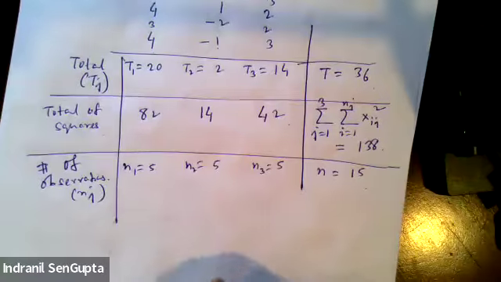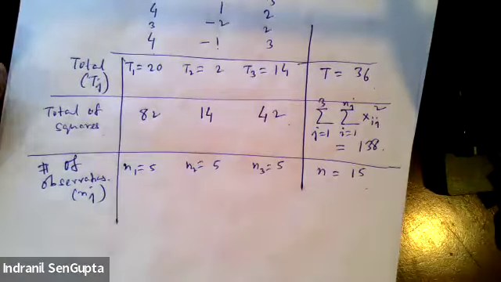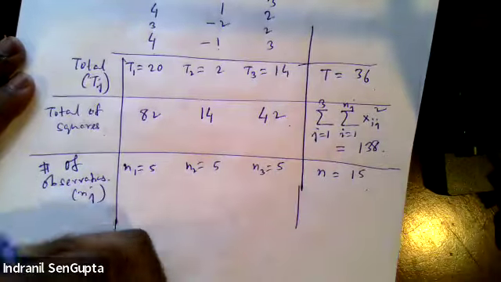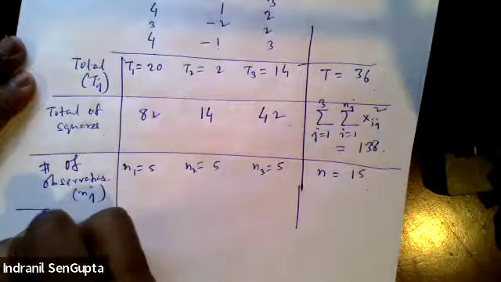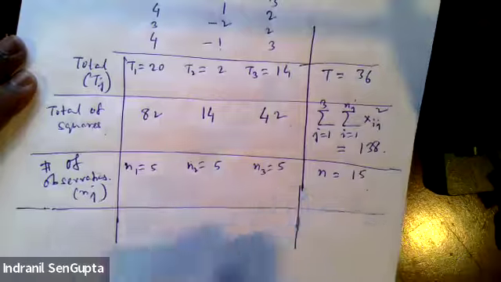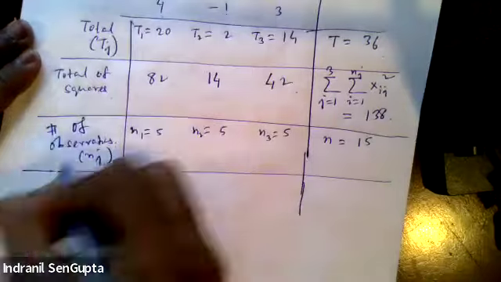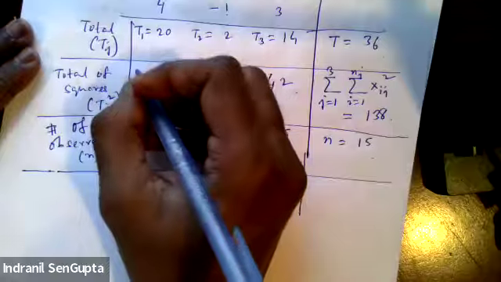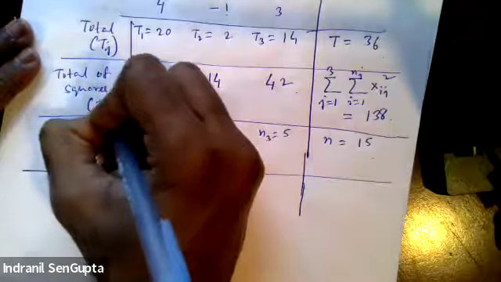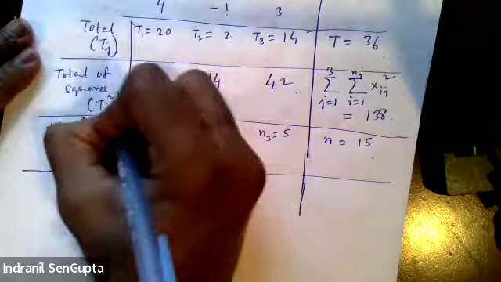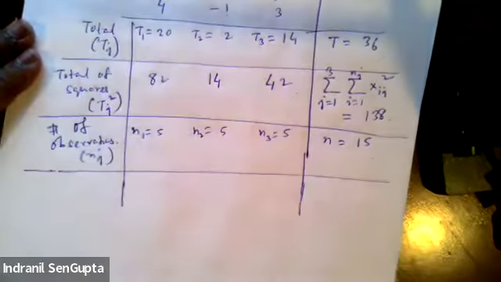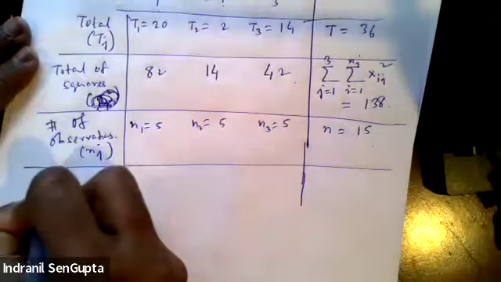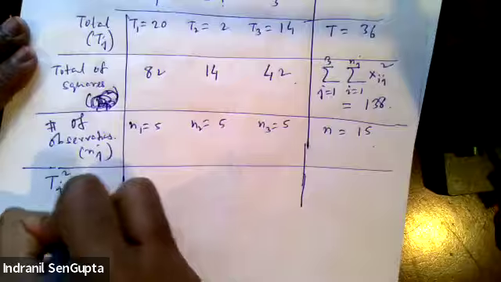All right, so the next one after the total number of observations is Tj squared. This is not really Tj squared, so what I do is compute Tj squared over nj.